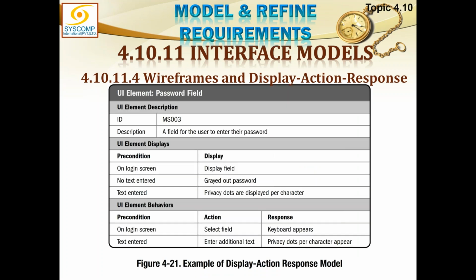To describe that, this UI element password field is described as follows. ID is given, MS003. Description is a field for the user to enter their password. So this kind of element would be created for every one of those UI IDs.